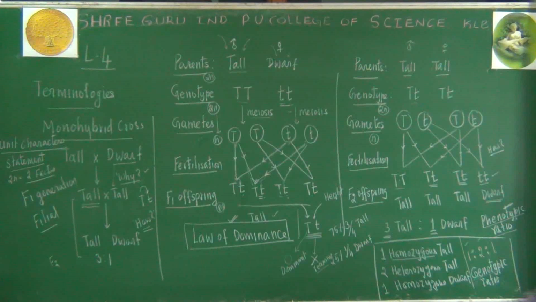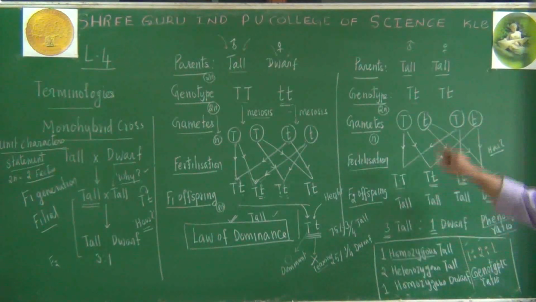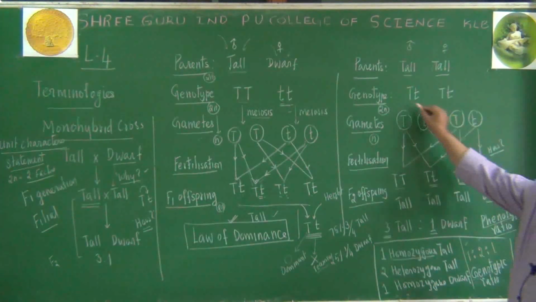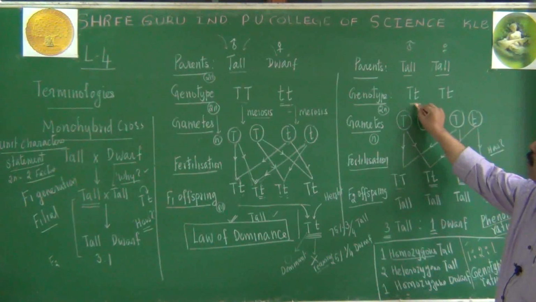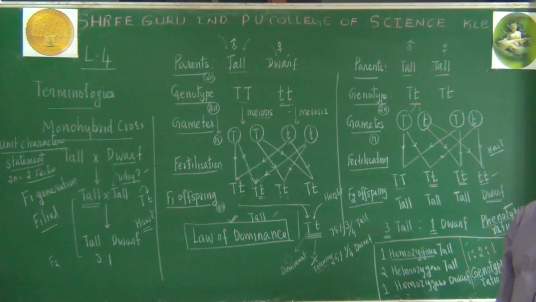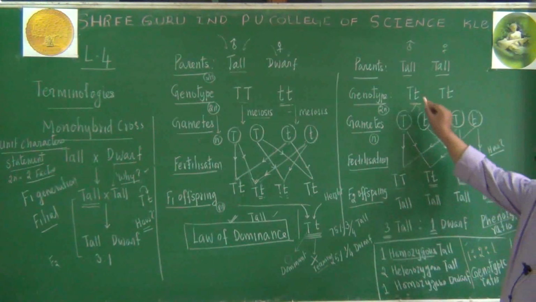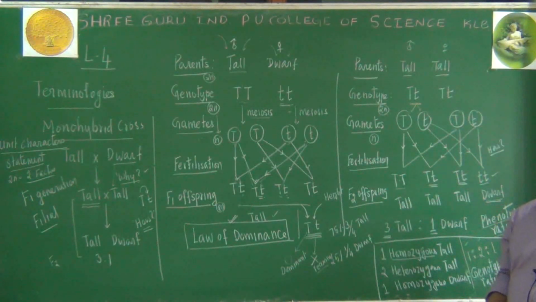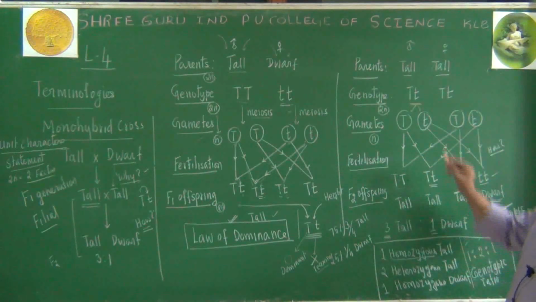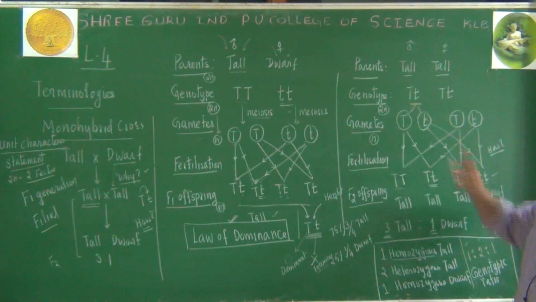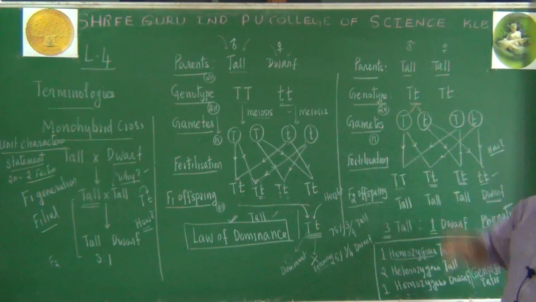Listen to me again. If you analyze this chart, we can find that gamete formation plays an important role for the appearance of dwarfness. Imagine this point. Small t is not allowed to express in F1 generation, but it was allowed to separate from capital T during gametogenesis.